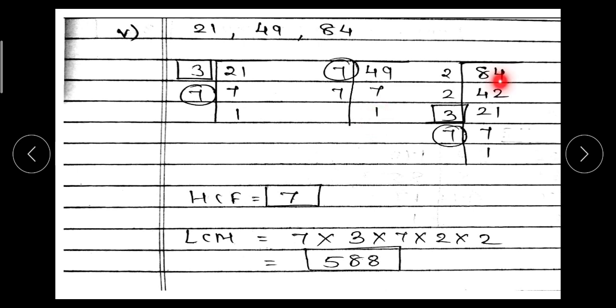Factors of 84 are 2 42s are 84. 2 21s are 42. 3 7s are 21. 7 1s are 7. We have calculated all the prime factors.